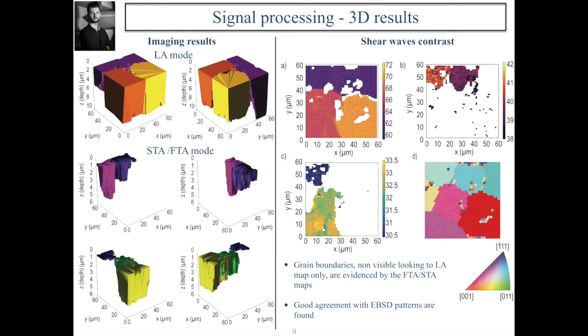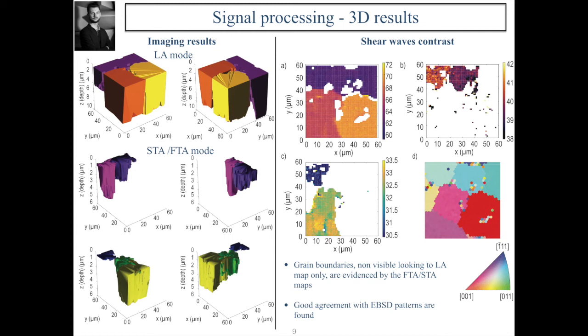What you can see on the 3D imaging results as well as on the first slice of the slicing procedure is that grains that were imaged as homogeneous when looking at the longitudinal acoustic mode, like the orange one or the violet one, are in fact composed of smaller grains when looking at the results of the shear acoustic waves.